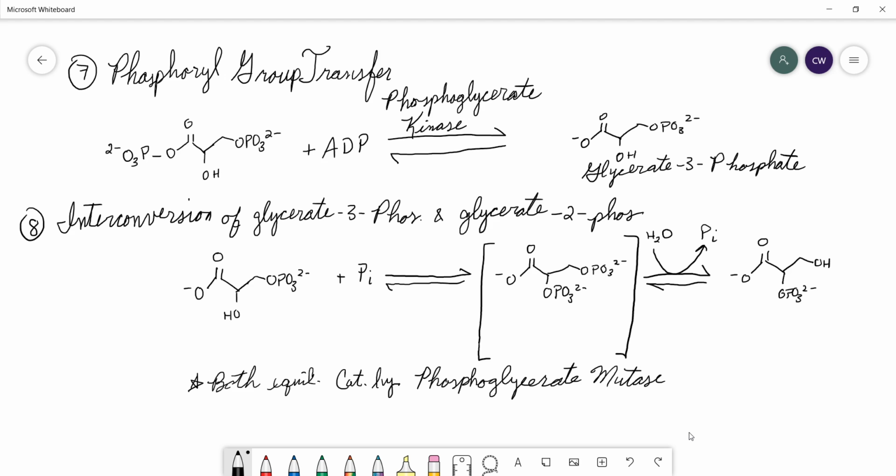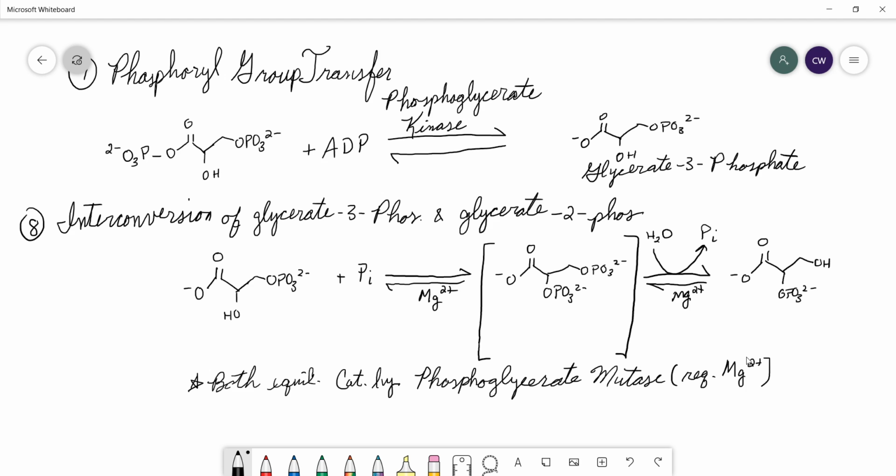Okay, phosphoglycerate mutase. And both equilibria require magnesium. Okay.